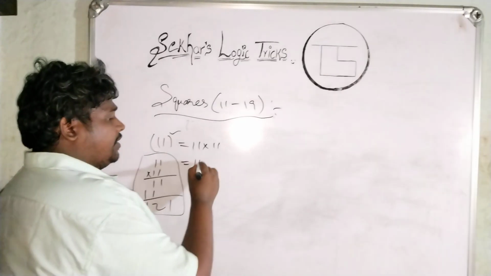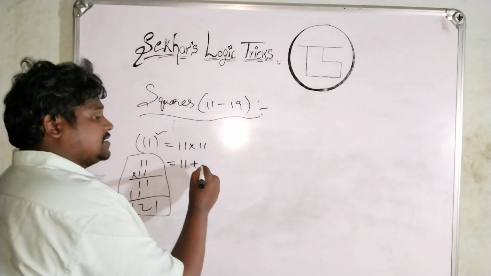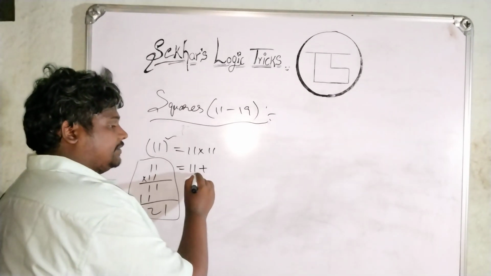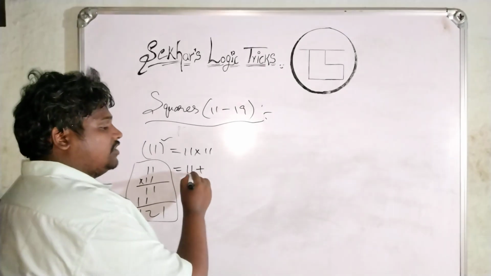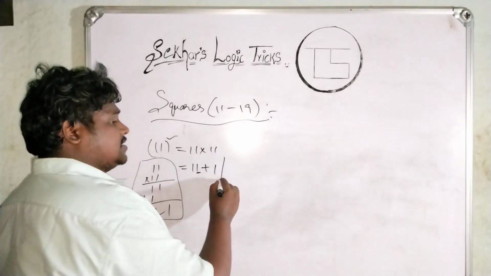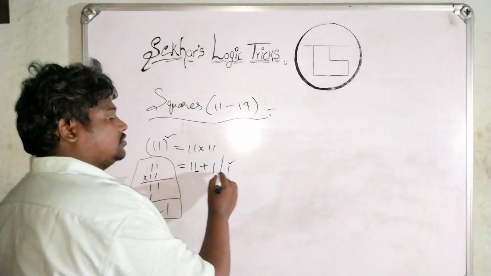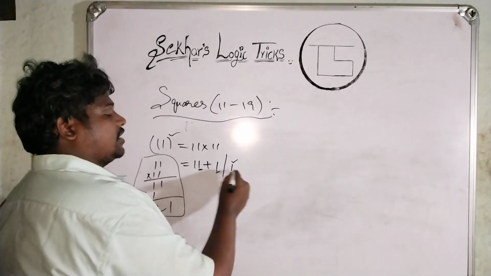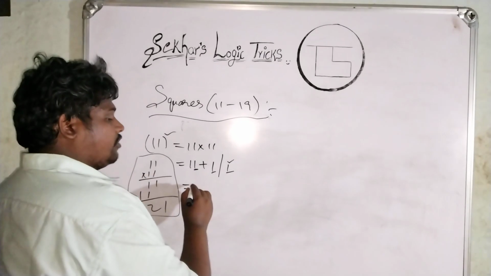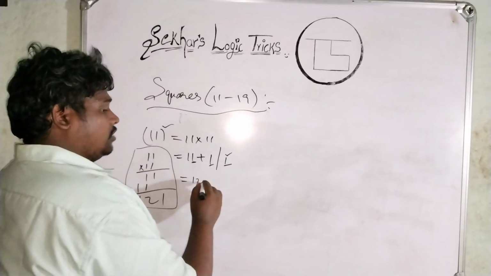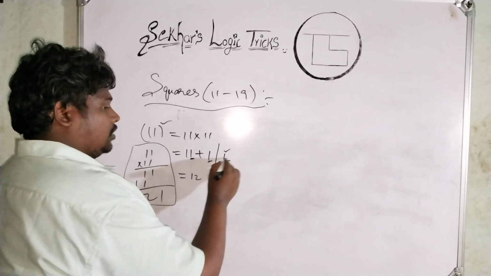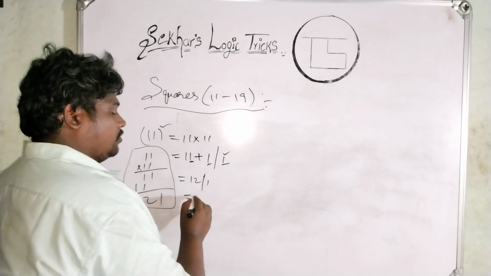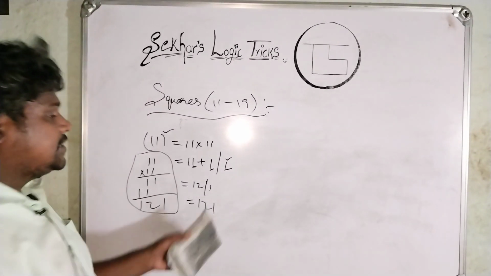See, 11 plus the ones digit of this number, slash, the unit digit squared. 11 plus 1 is 12, slash, 1 square is 1, so 121. It is the answer.